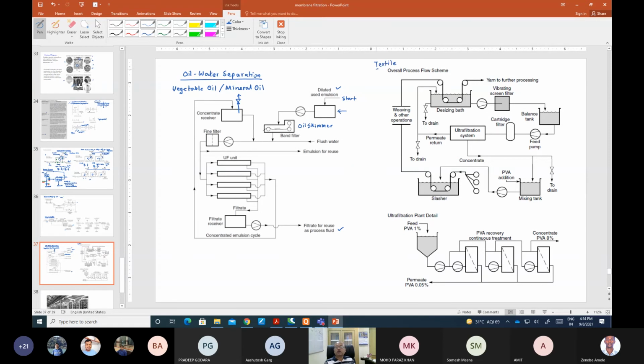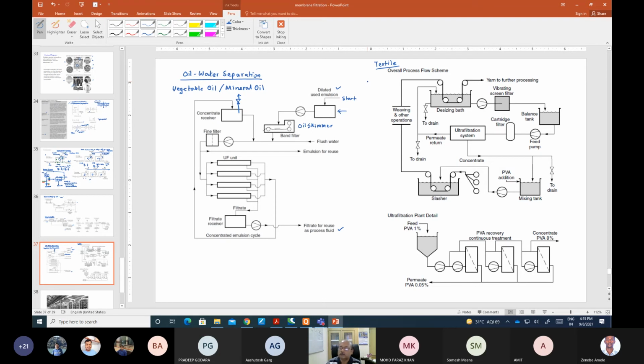where you use polyvinyl alcohol, PVA, for your textile production. They are synthetic fabric weaving operations, and there is a lot of water and heat recovery that can take place.